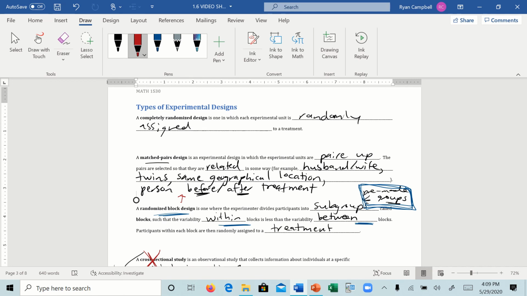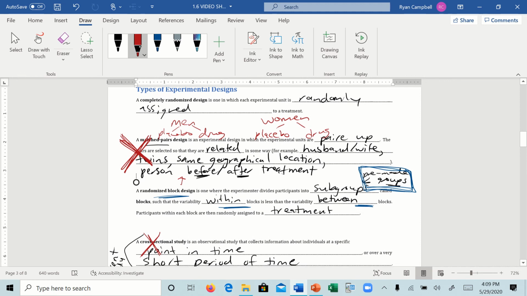Some people may think we're comparing men with placebo and men with the drug, and women with the placebo and women with the drug. But this is more than two, right? We're separating people into men and women. So this can't be matched pairs. That's more than two groups.